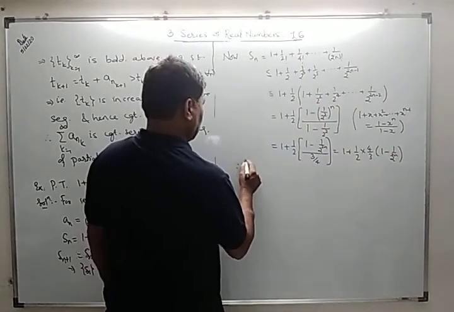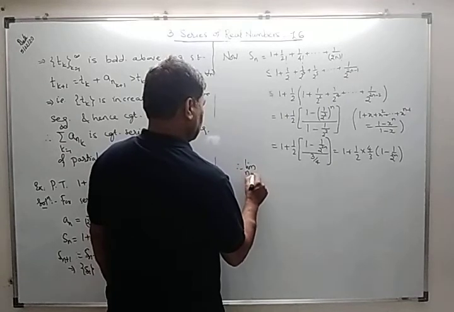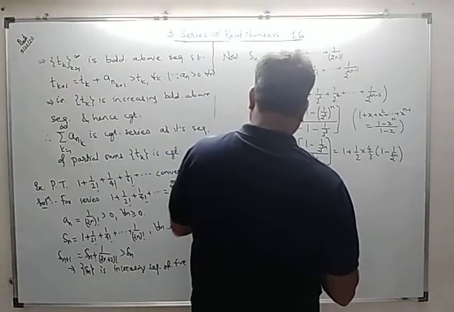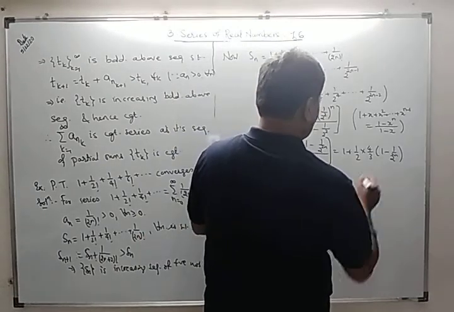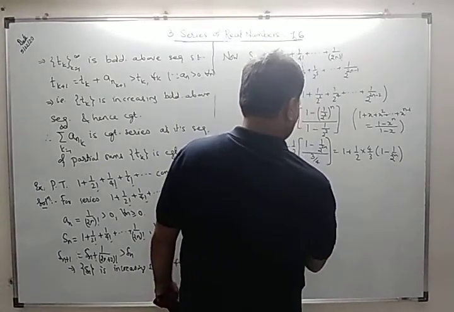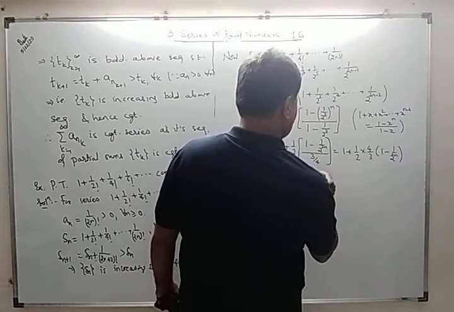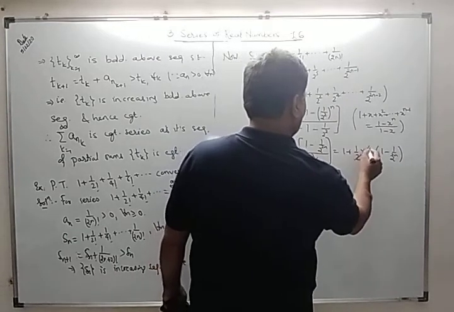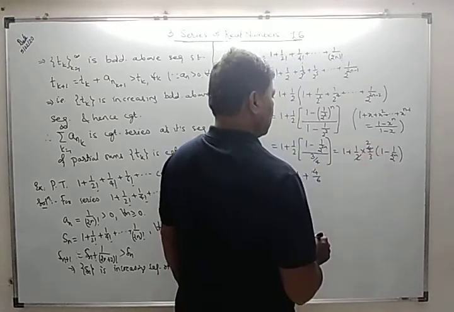And therefore, limit n tends to infinity of Sn, and this is less than 1 plus 4 upon 6, that is 2 by 3.